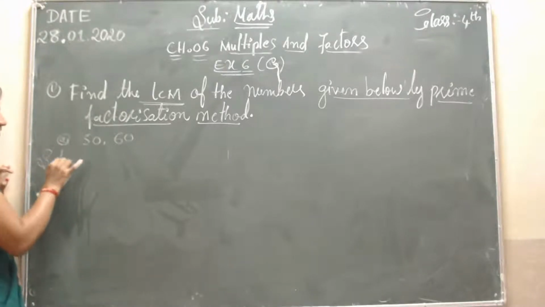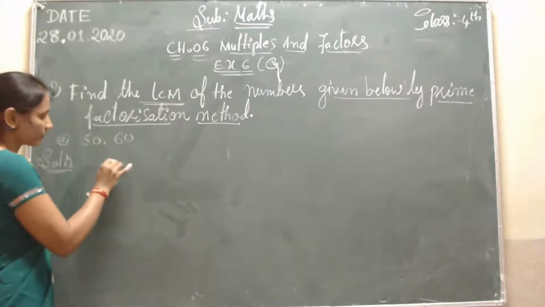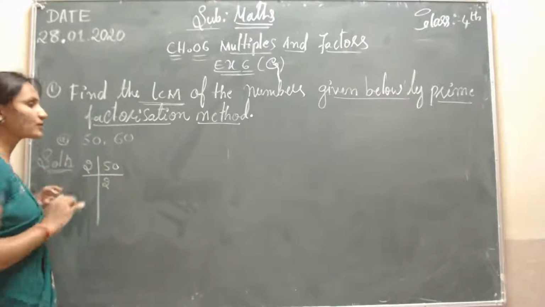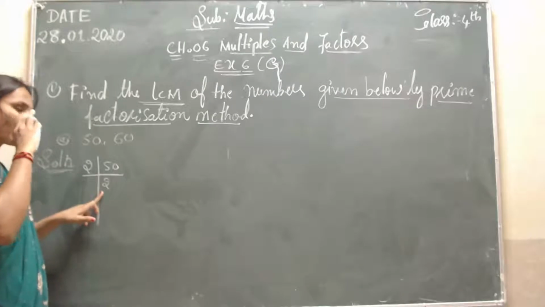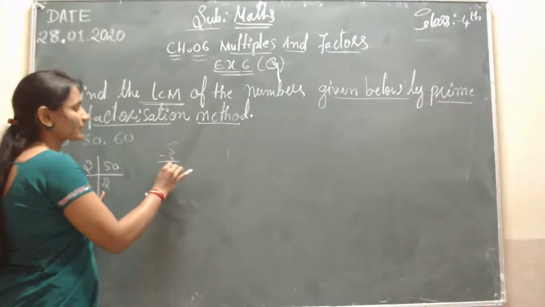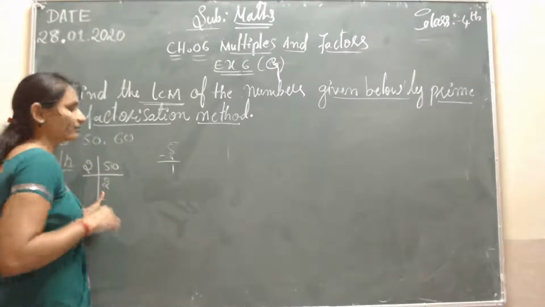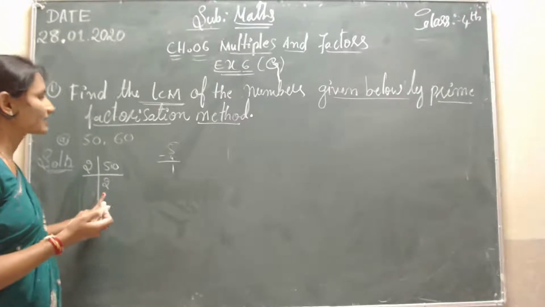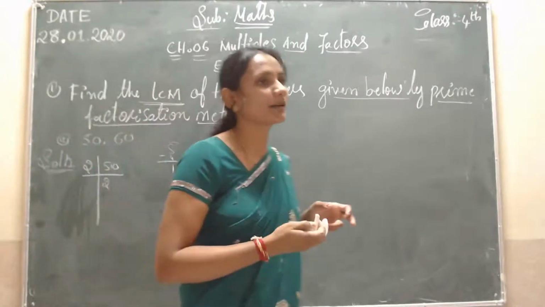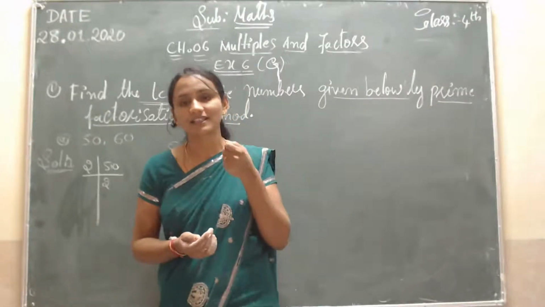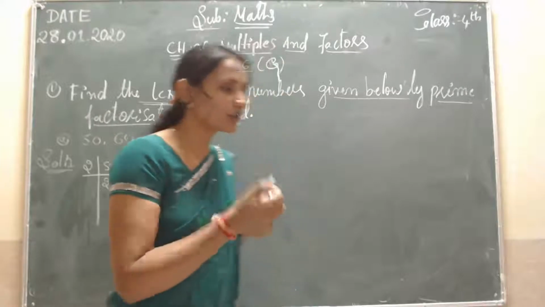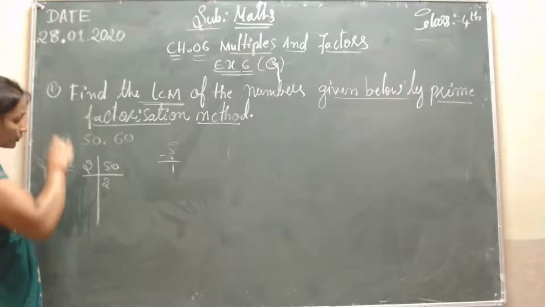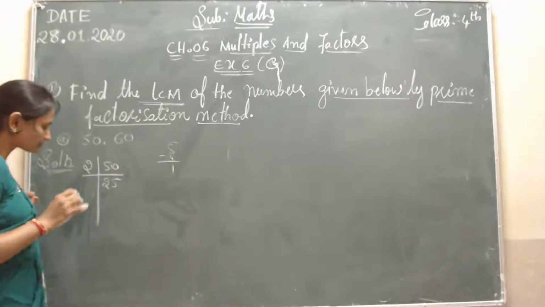The first number is 50. Divide by 2: 2 twos are 4, 5 minus 4 leaves 1, bring down 0, and it becomes 10. 10 is divisible by 2 because it is an even number with 0 in the units place. 2 fives are 10.